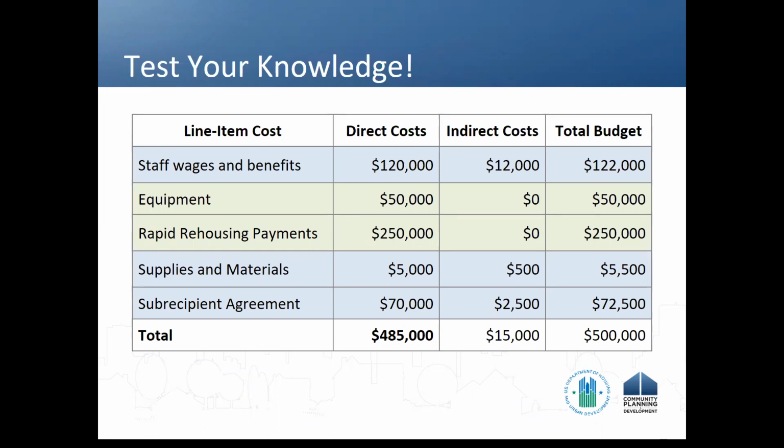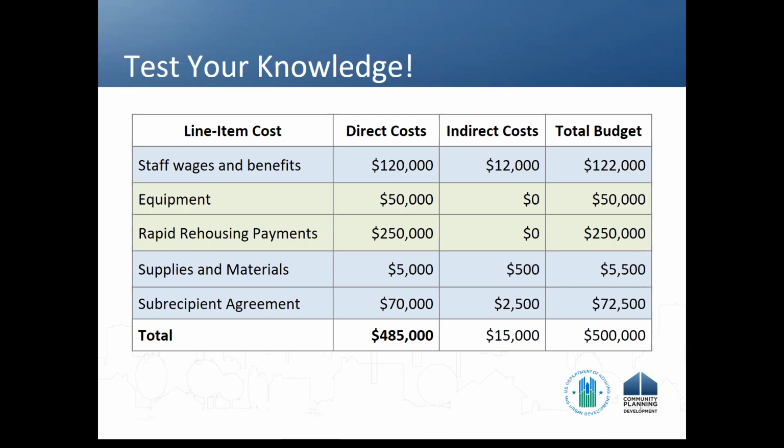The same is true for the economic development loans. The rapid rehousing payments issued to eligible ESG-CV beneficiaries, since the rapid rehousing payments are considered participant support costs. The direct and indirect cost budgets per line item of cost are summed to get the total budget per item of cost.